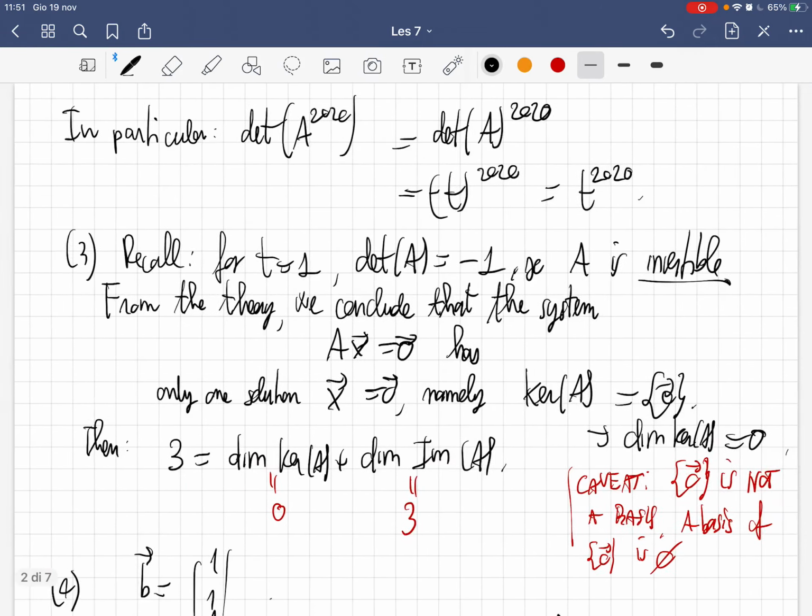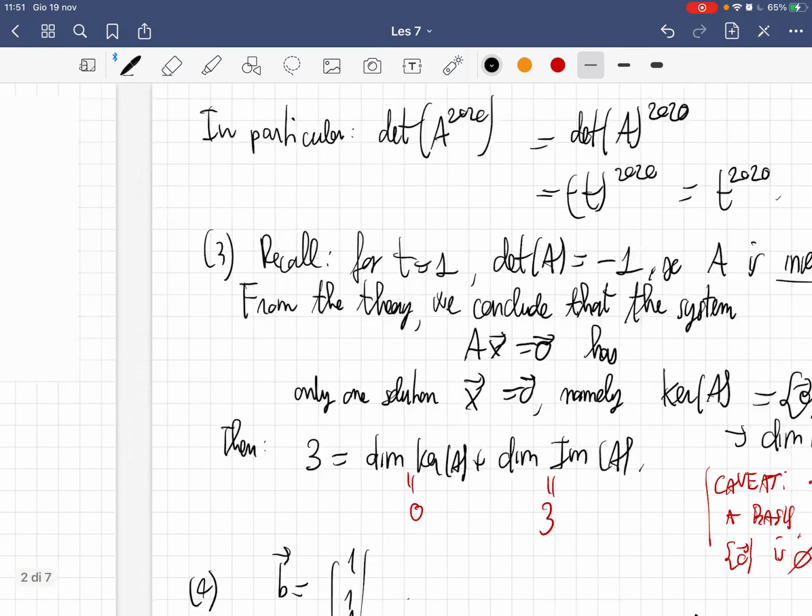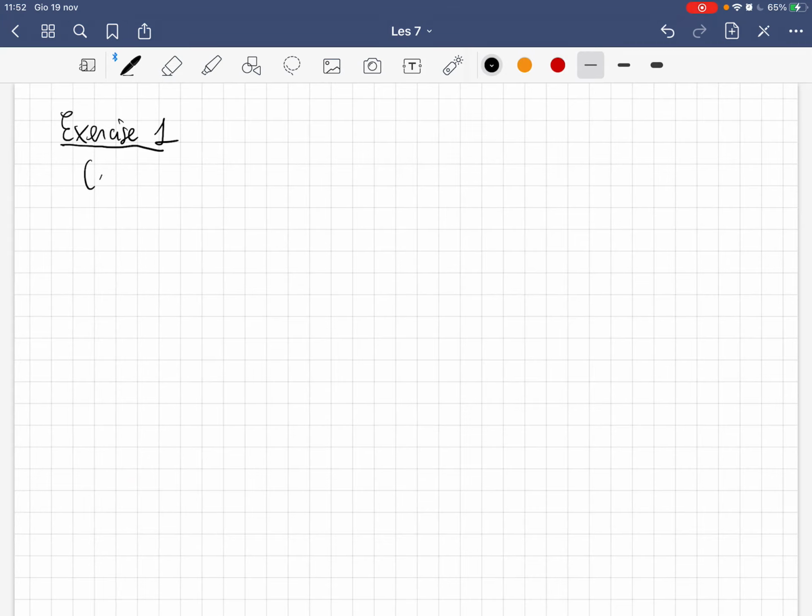Okay, so as for the first exercise, we have 4 points. So 1, let's just be detailed. So we compute the determinant of A using Laplace.